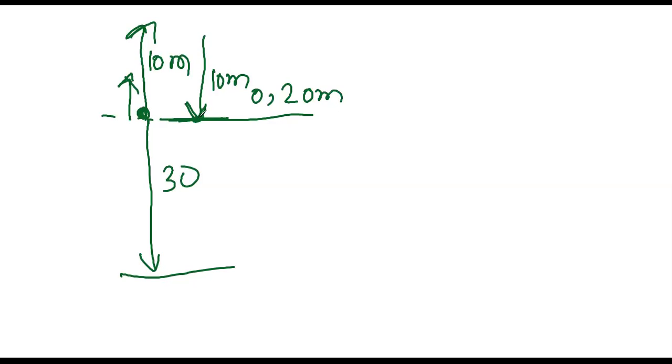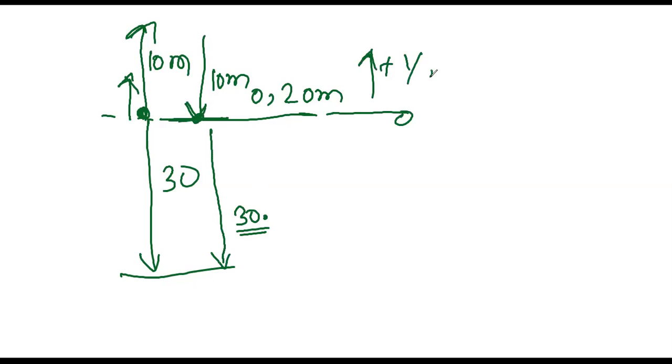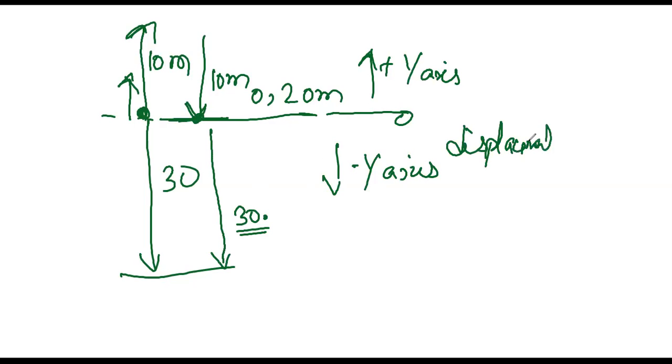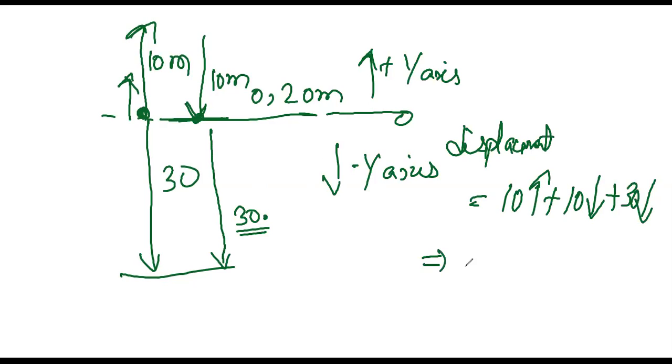From here to here it falls 30 meters down. If we take this as 0 and this as the positive y-axis, and this as the negative y-axis, then the displacement is 10 upward plus 10 downward plus 30 downward, which is 10 positive minus 10 and minus 30.